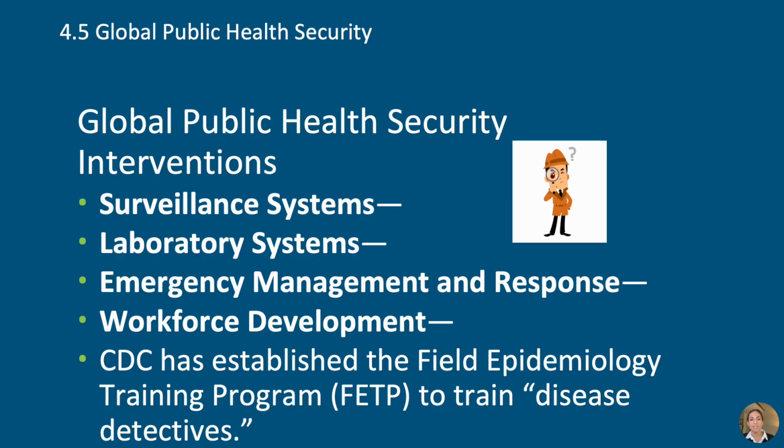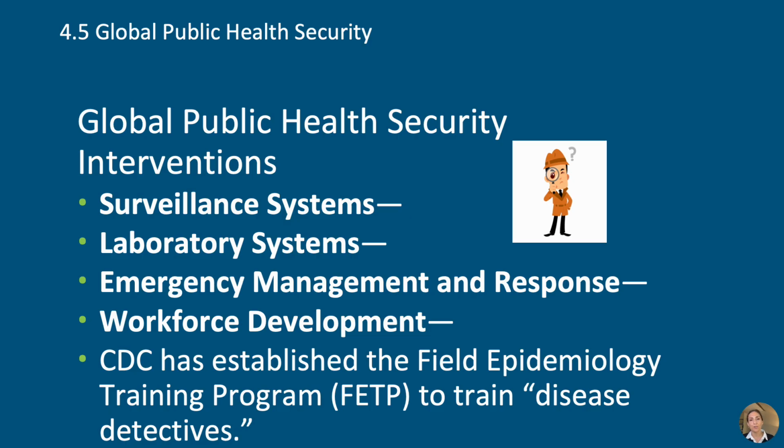So the surveillance system is used to identify risk and quickly detect and stop outbreaks of infectious diseases. The laboratory systems are used for detection of pathogens, and then there is emergency management and response. This is an important public health security intervention.